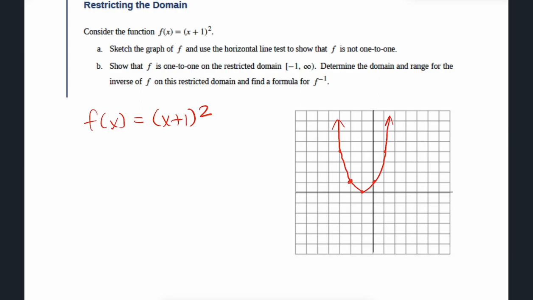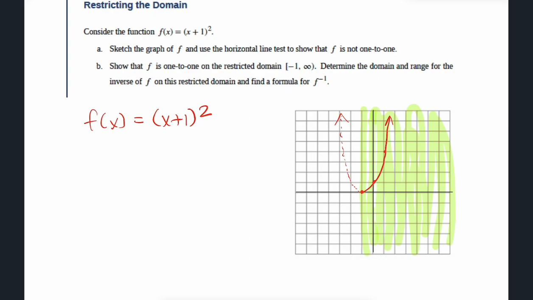But if we restrict the domain, so if we only worry about x values from -1 to infinity, so if we remove this part of our graph, I'm going to keep a little version there, but if we only look at the graph from -1 to infinity, now it becomes what we want.